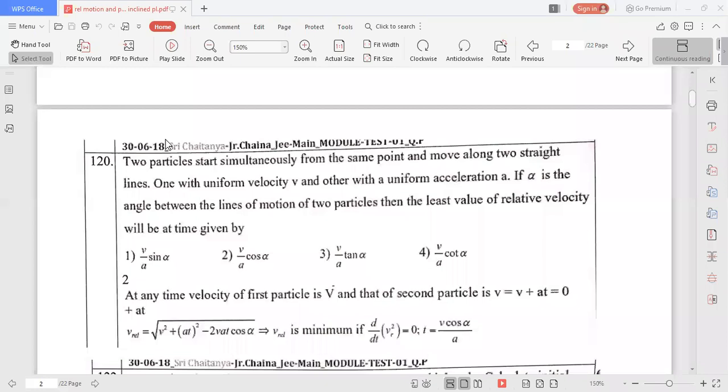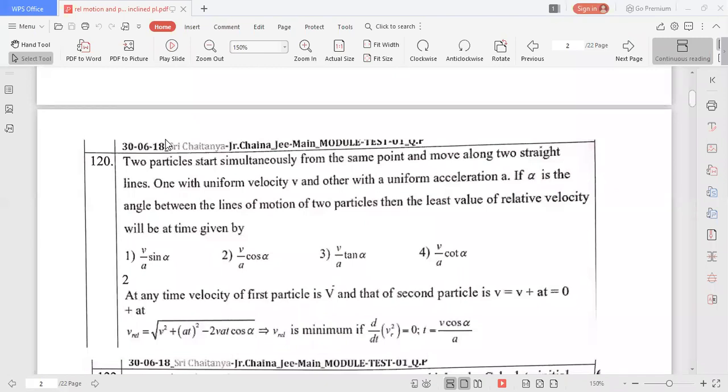Even after t seconds, the velocity of the second particle becomes at, but the first particle's velocity is v after any time, because it travels with constant velocity. That's why the magnitude of v12 is equal to the square root of v1 square plus v2 square minus 2 v1 v2 cos theta, where theta is the angle between the two velocities, alpha, so cos alpha.